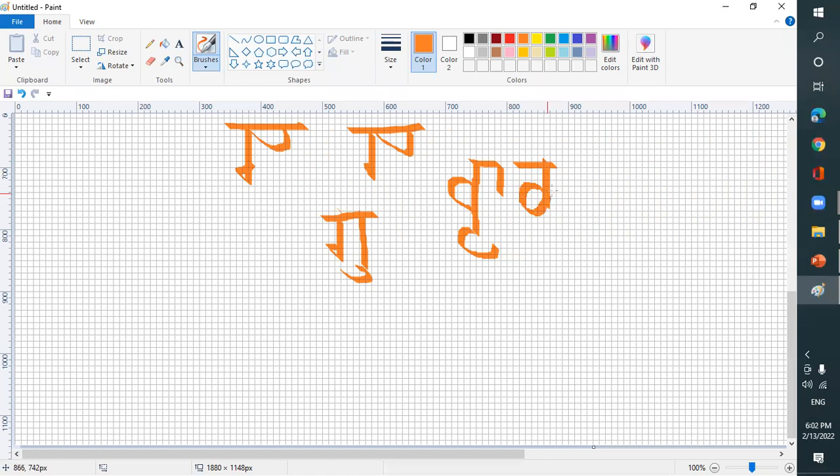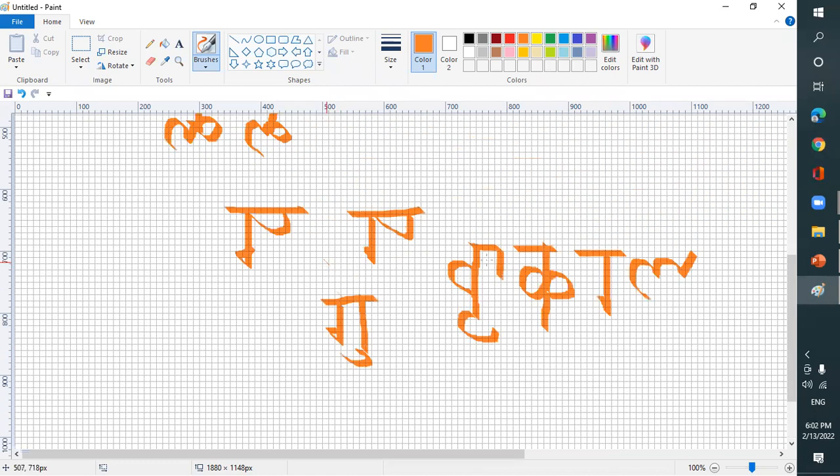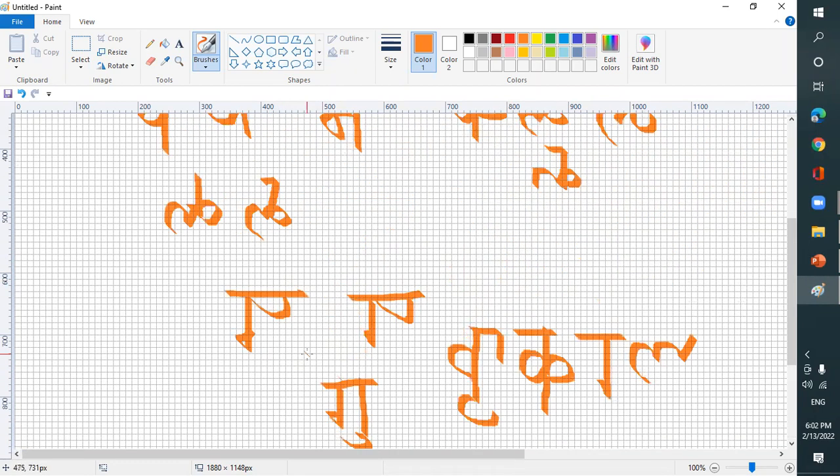K is full, R is full. Oh, R is full. That is why it's not half, na? So it is. Okay, it's only if the letter preceding the ण is half, then only we tag it. Below the letter, it will come only if the letter before it is half. Right. That is the rule. Okay. Thanks so much. Yes.